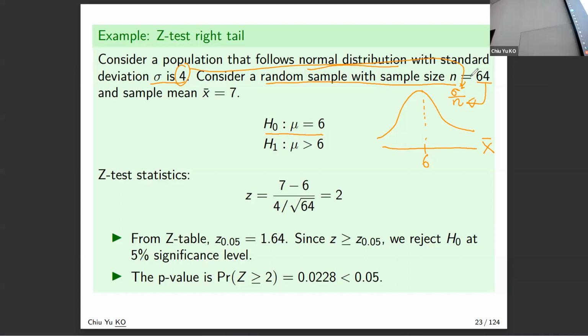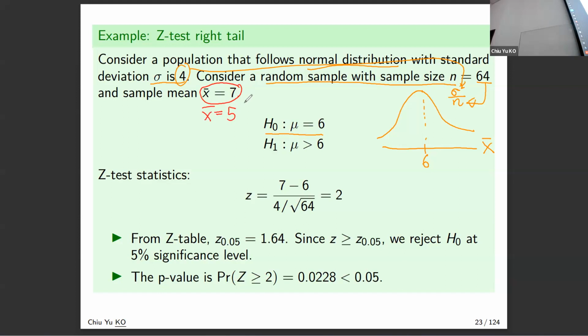So what I'm doing is, if X bar is more than 6, I will not be happy. Now, I collect the data which said 7. But before we do that, if X bar is 5, what will you do?